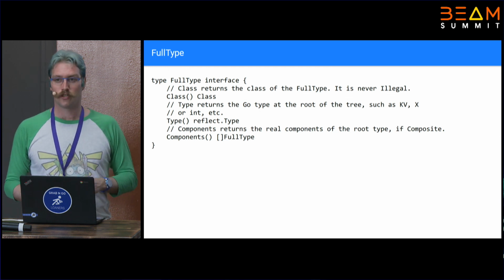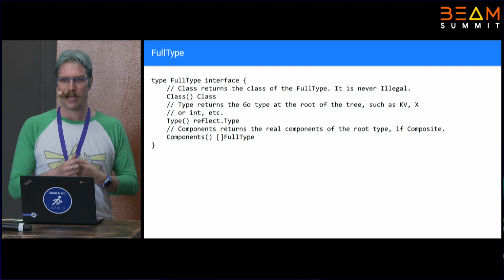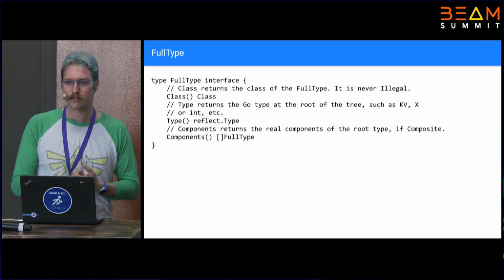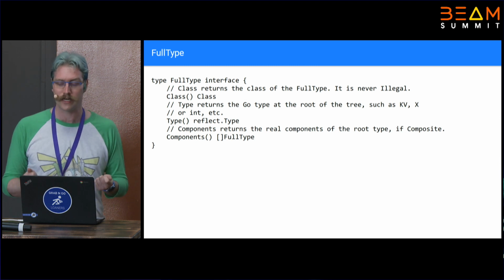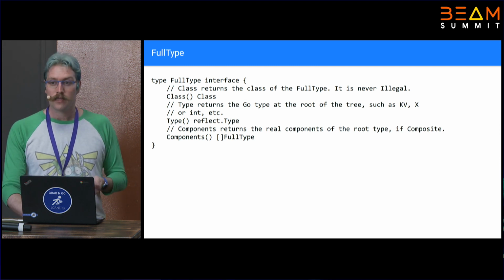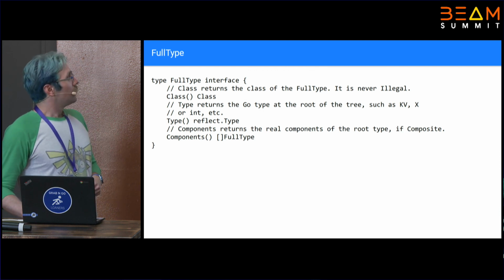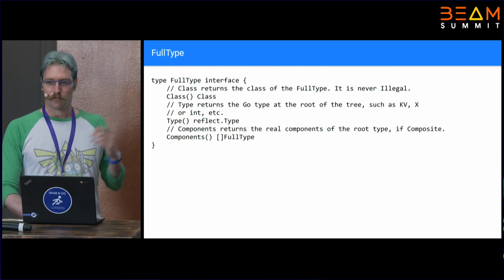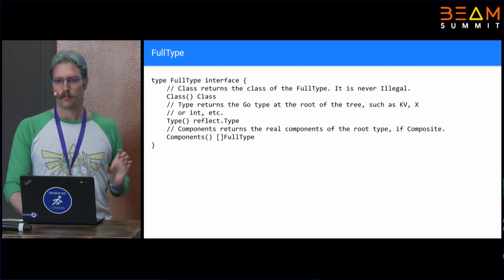Class is kind of notional on whether it is a concrete type, as in it's one of the actual Go base types or elements that you're constructing things with. So any of your user types tend to be concrete. They could be a composite type, like KVs or CoGroupByKeys. And the reflect type ends up pointing to whatever the top level type is.